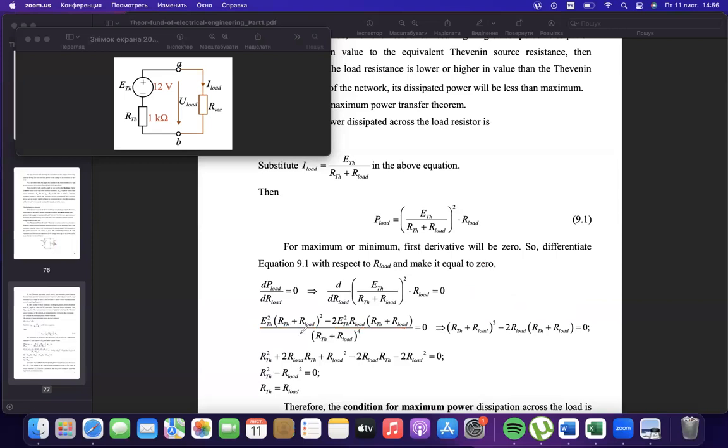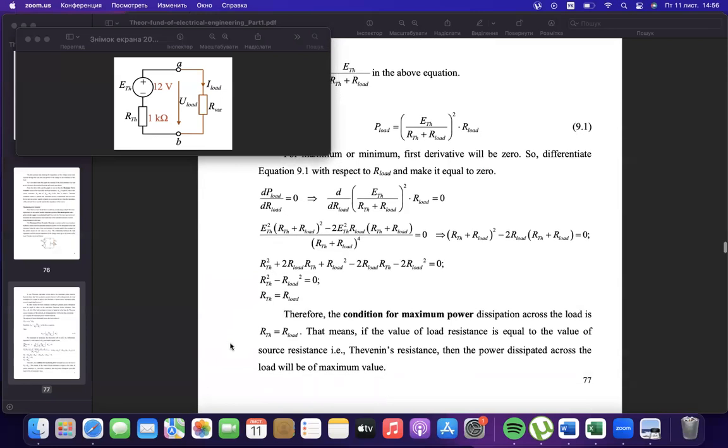That is why, if this derivative should equal 0, then it means that the upper part of our equation should equal 0. Here it is. We just enclose all the brackets that we have and group all the values that we have.